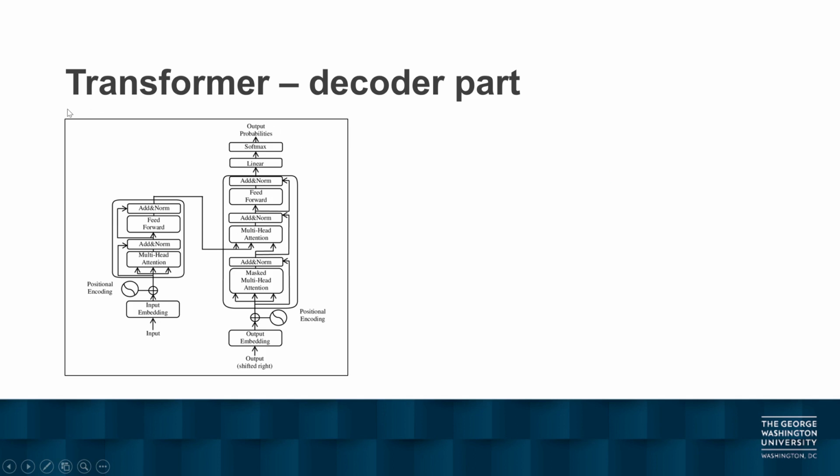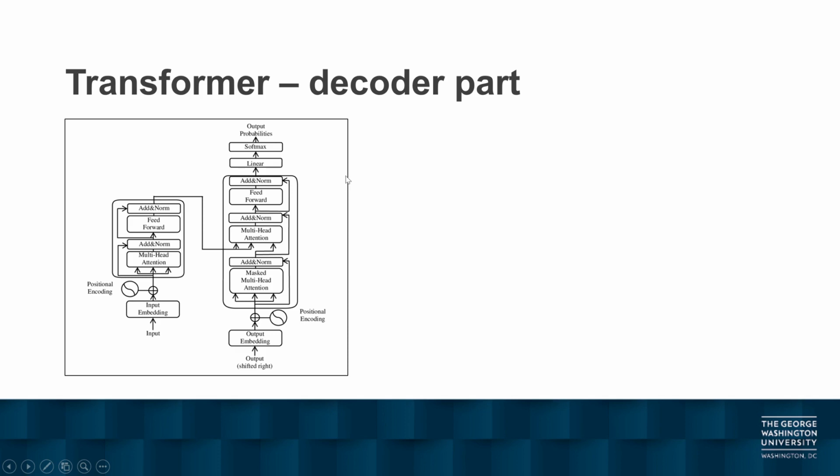In the paper, Attention Is All You Need, we can see here that it has an encoder part and a decoder part. So a connection is built between the encoder and decoder so that it can handle the two sequences.